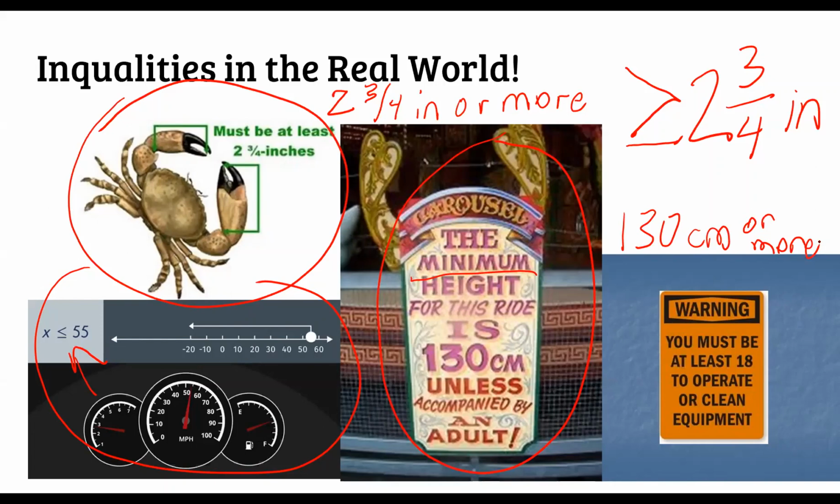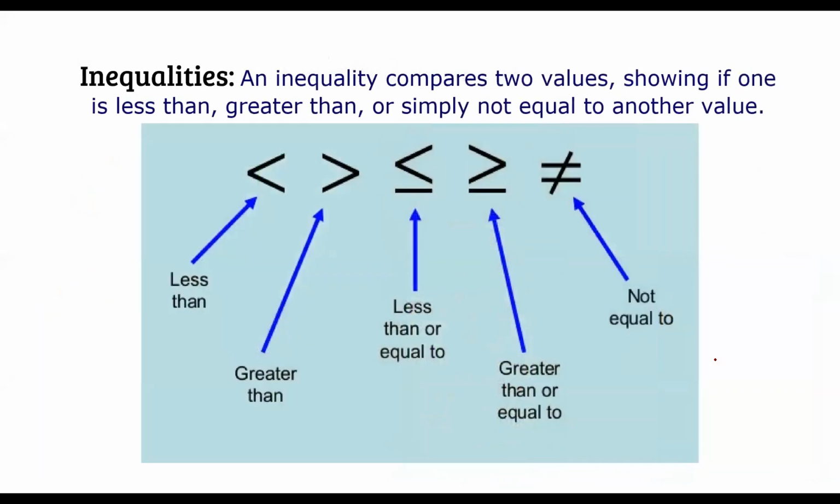And then this one here says you must be at least 18 to operate. So that means 18 or more. Again, that would be greater than or equal to 18. And you just use an X, meaning any number greater than or equal to 18. All right, so we're going to go to the next slide.